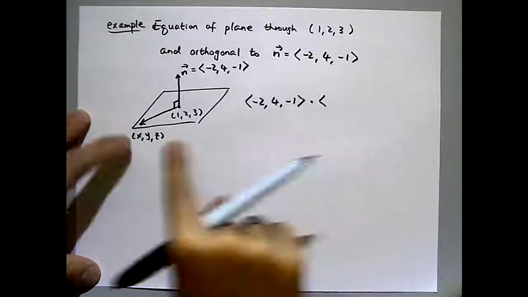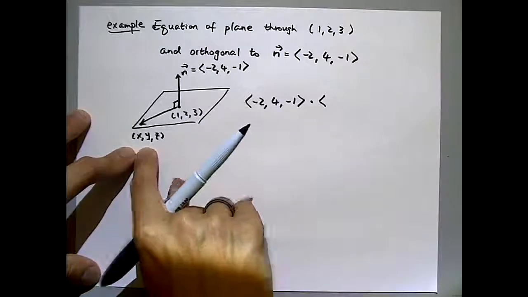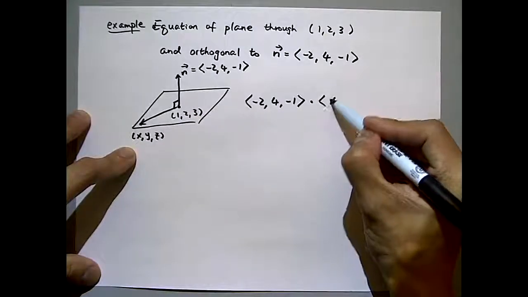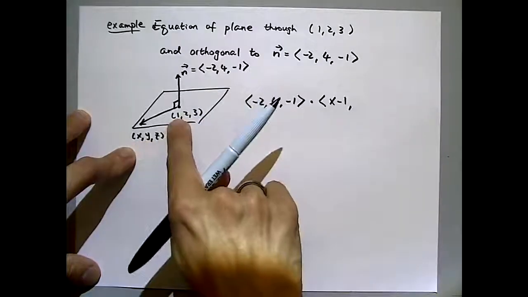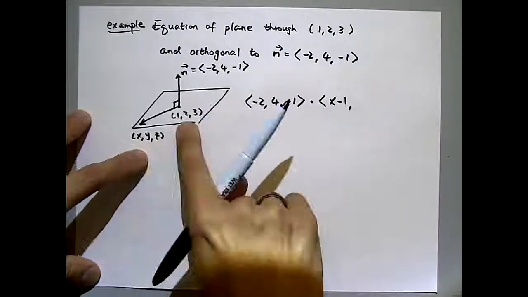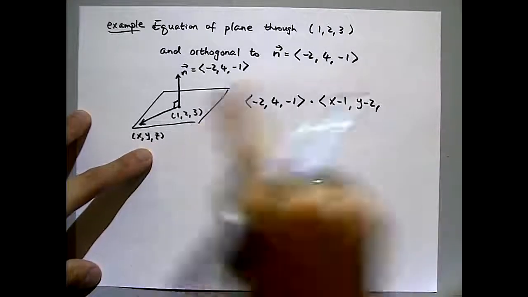Okay, so n dotted with this vector, starting from 1, 2, 3 to go to x, y, z. That vector can be specified as x minus 1, destination minus the origination, and so on for y and z.